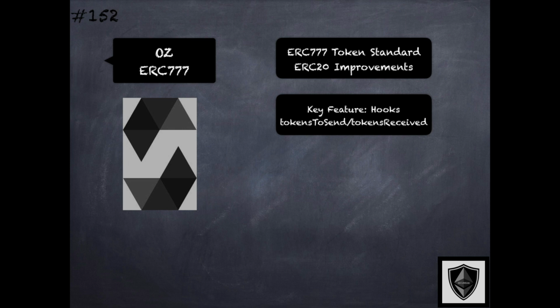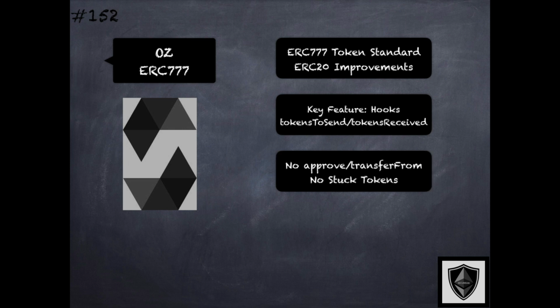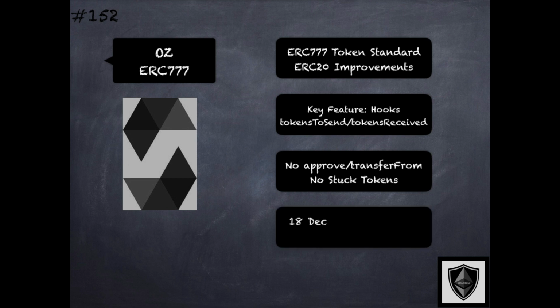These features allow us to implement several improvements over ERC20, such as avoiding the need for separate approve and transferFrom transactions, which is considered a significant user experience challenge for ERC20 contracts. ERC777 also allows one to prevent tokens from getting stuck in the contracts using the hooks feature. This also implements the decimals as being a fixed value of 18, so there's no need for the contract to set or change it.